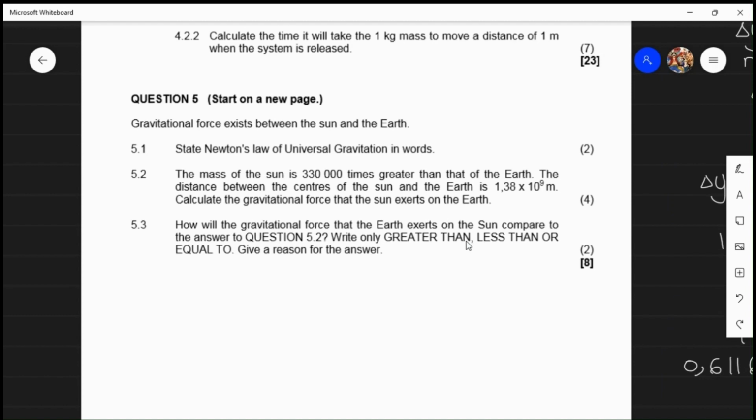Before we read the rest of our question, let us stop to calculate the mass of the Sun using the mass of the Earth.